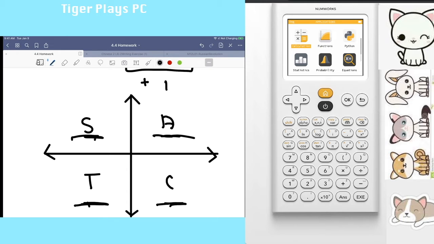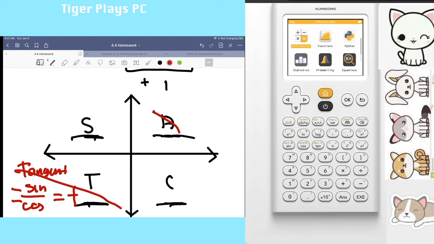So we can already rule out the first quadrant because everything is positive, right? We can also rule out the third quadrant because tangent is equal to sine over cosine. So if both are negative, it becomes positive. A negative divided by a negative is a positive. So this cannot be it as well.